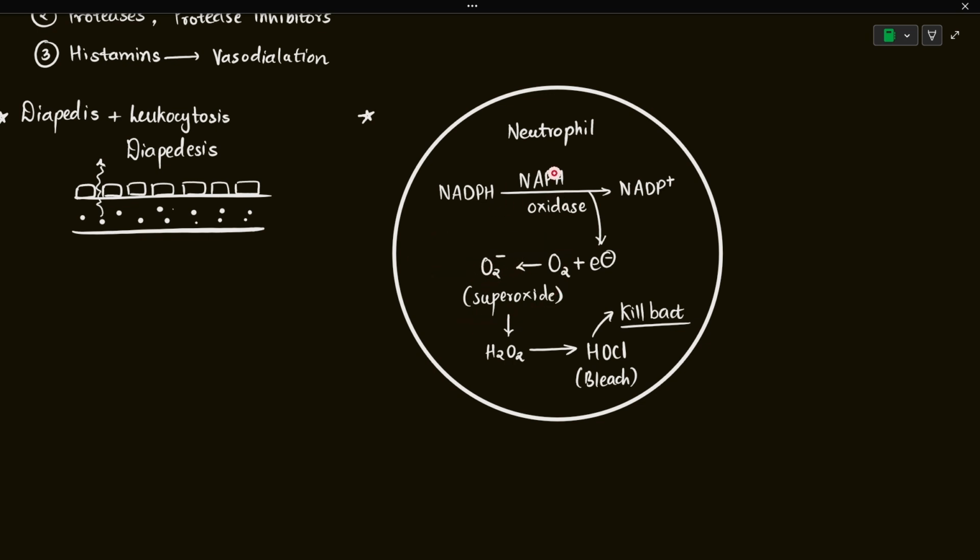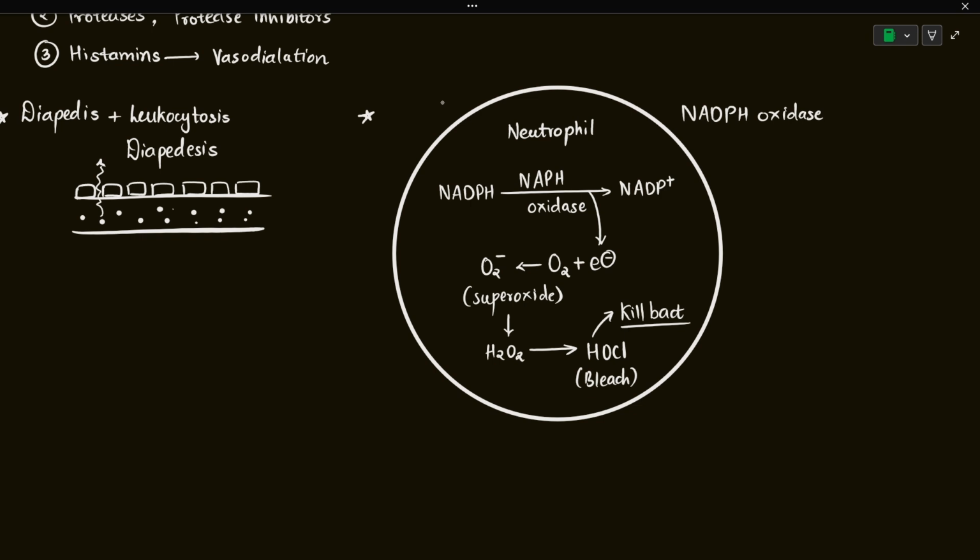So what mechanism is devised by neutrophils? Neutrophils take help of ROS production, reactive oxygen species production, due to the NADPH oxidase. So the neutrophil uses NADPH oxidase. Neutrophils have multiple ways to kill a pathogen.